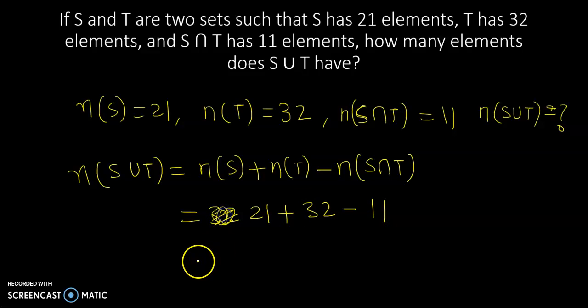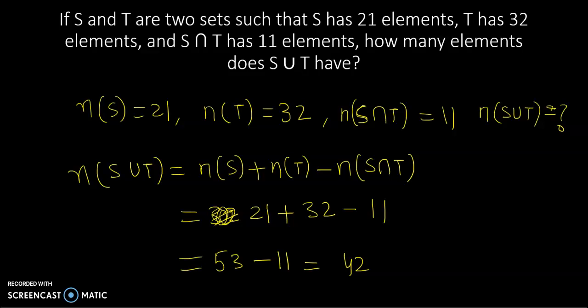That is simply 53 minus 11. I hope you can easily identify now: 42 is the number of elements in S union T.